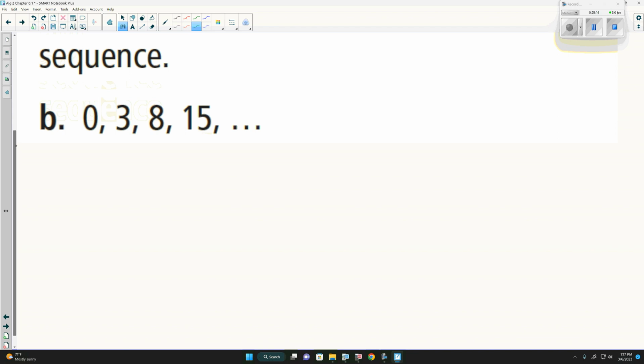This is not always completely easy to see. If we list out our perfect squares, what is 1 squared? What's 2 squared? 3 squared? 4 squared? So this here would be a sub n equals n squared. Those are all of our perfect squares, yes?